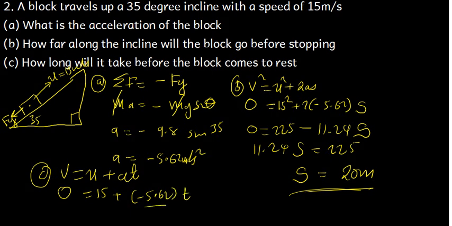If we take this portion to the other side, 5.62 times t is equal to 15. To remain with t, we divide 15 by 5.62. So the time therefore is 2.7 seconds. That is the time it is going to take for this thing to come to rest.